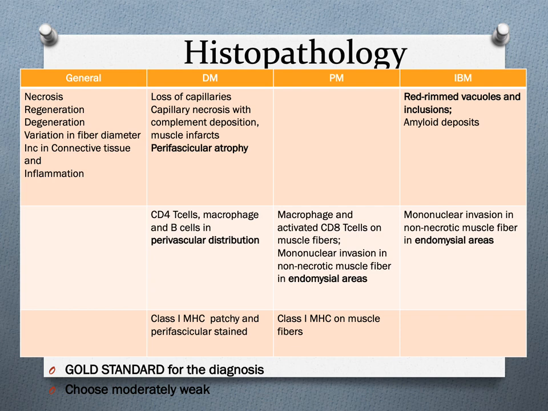On the other hand, in inclusion body myositis, we will appreciate red rim vacuoles, inclusion bodies, and amyloid deposits, also with mononuclear invasion in the non-necrotic muscle fibers in the endomysial areas.